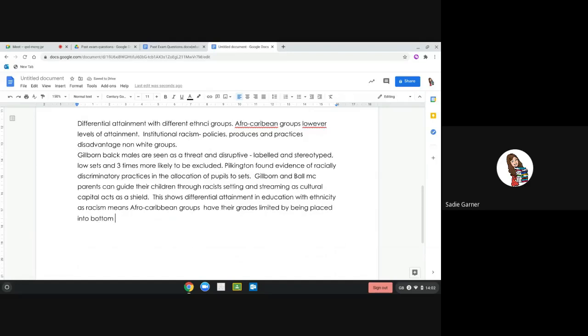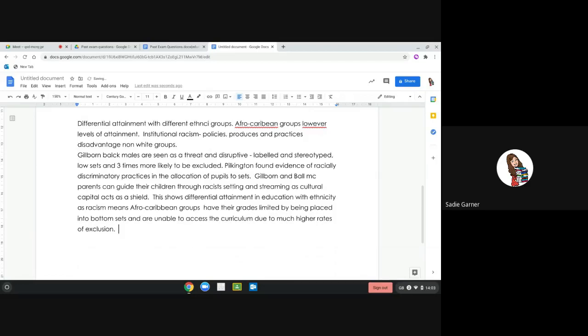This means Afro-Caribbean groups often have their grades limited by being placed into bottom sets and are unable to access the curriculum due to much higher rates of exclusions.